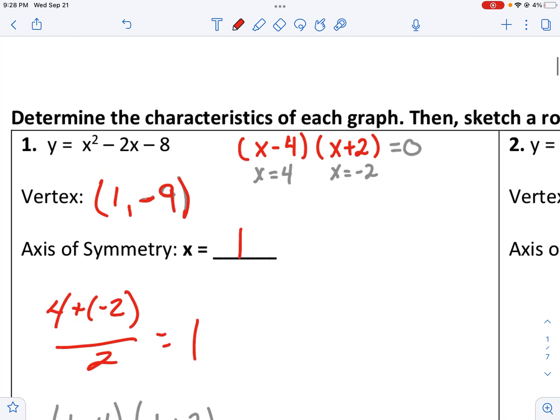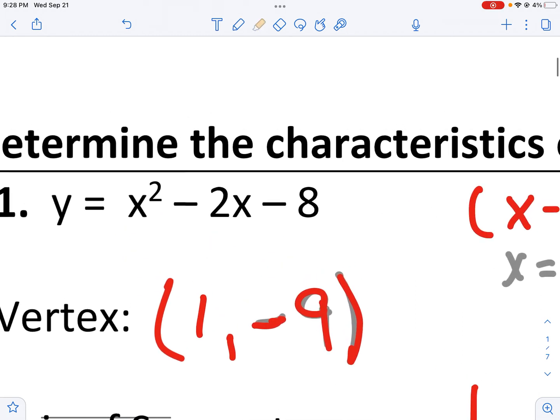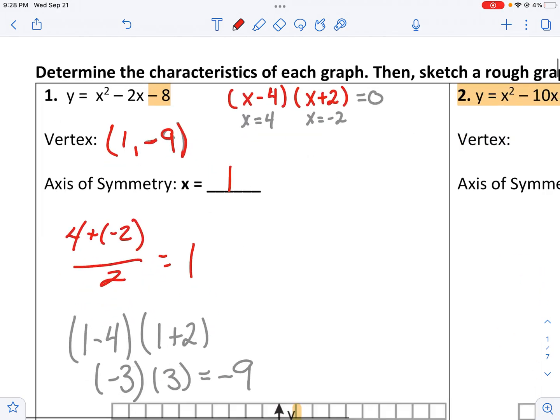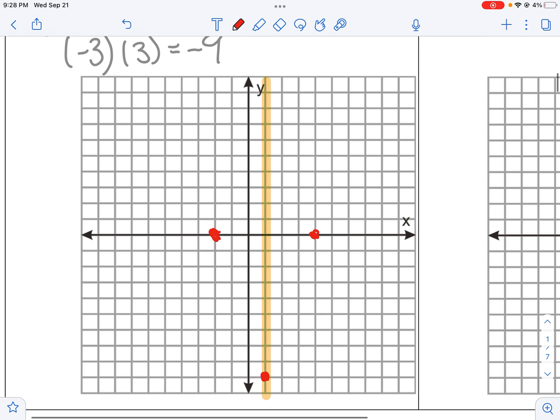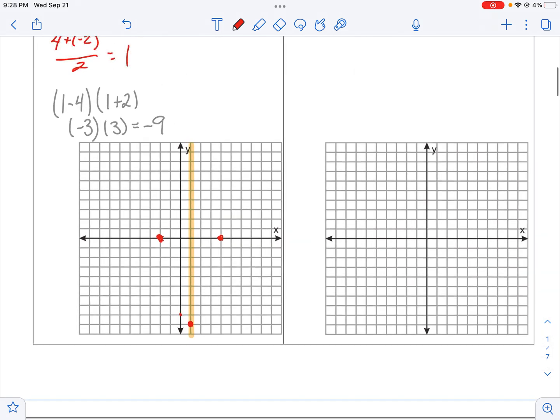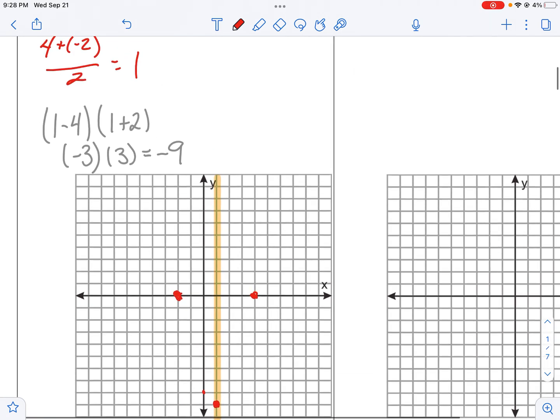Well, what's kind of nice about our quadratic trinomials is the y-intercept is always going to be, in standard form, that last number. So my graph will cross the y-axis at 0 comma negative 8. So I could even put a dot there. And that helps me out just a little bit when I'm trying to sketch this.